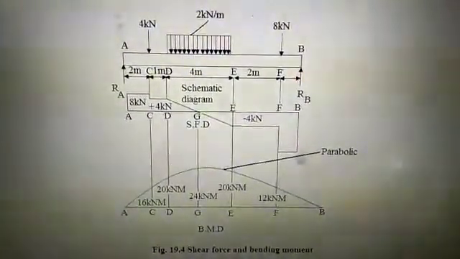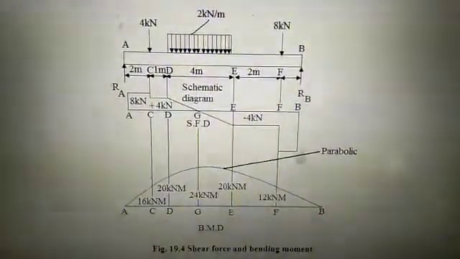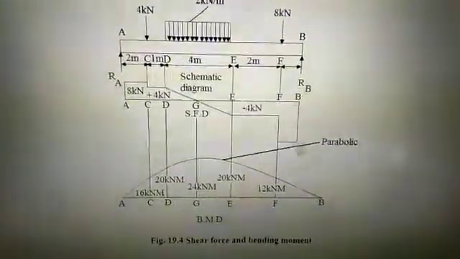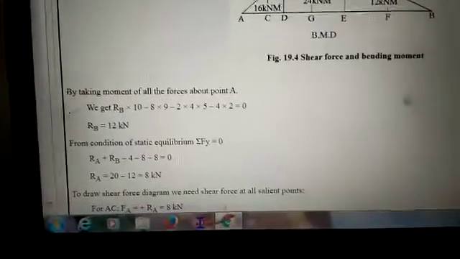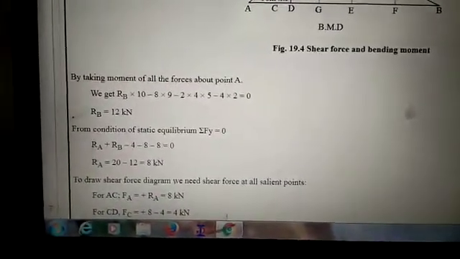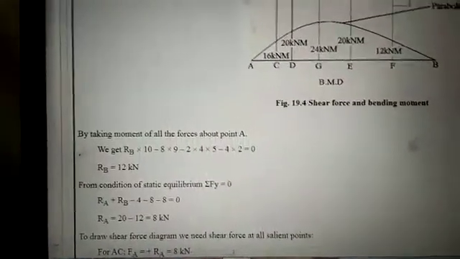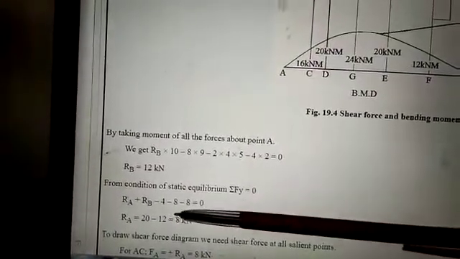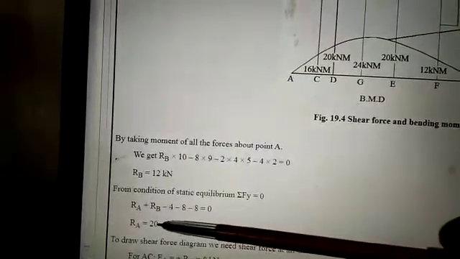So the total load on the beam is the 4 kN load plus 2 into 4, again 4 kN, plus 8 kN, so RA plus RB will be equal to 20 kN.